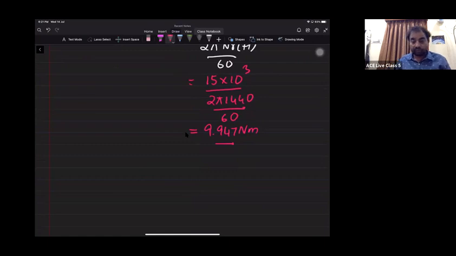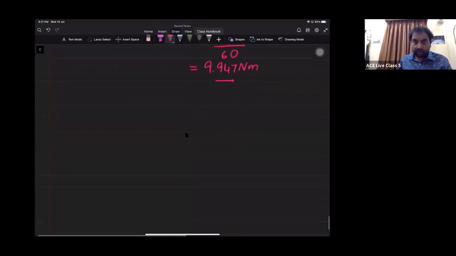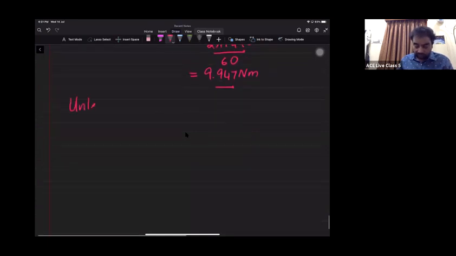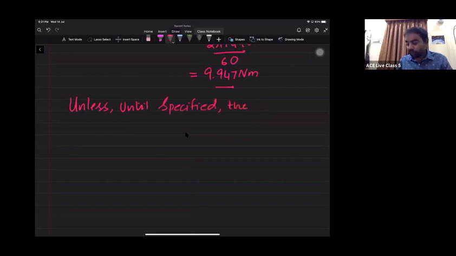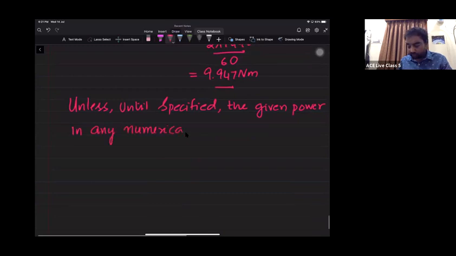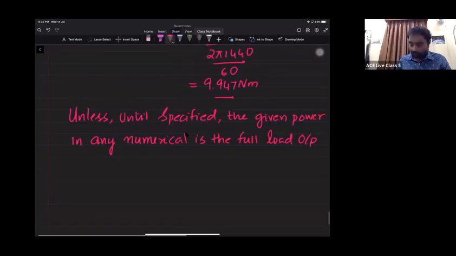Right? So can I say it like this? Unless and until specified, the given power in any numerical is the full load output mechanical power.